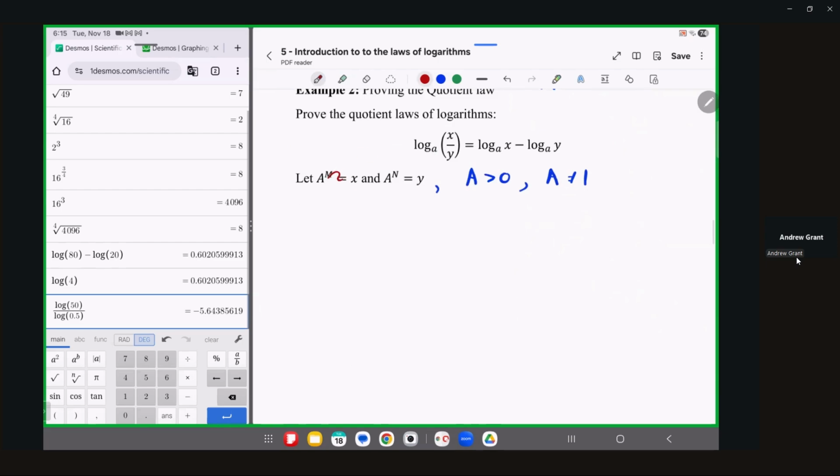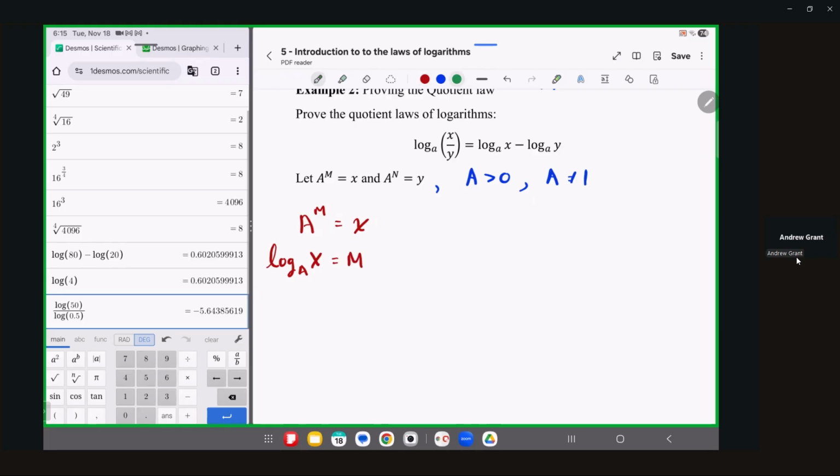Okay, so let's get started. We're going to start off by saying let a to the power of m equal x and a to the power of n equal y. So for clarity, a to the power of m is equal to x, and then the logarithmic interpretation of this would be log base a of x is equal to m.